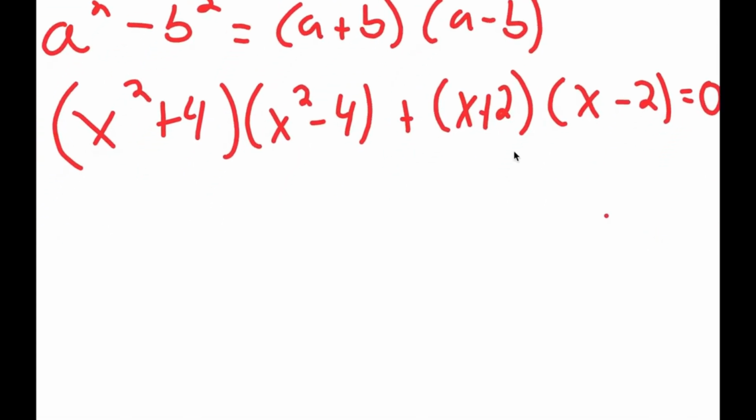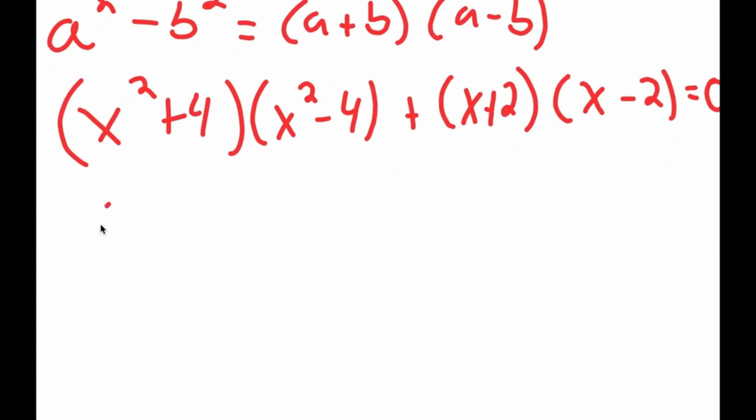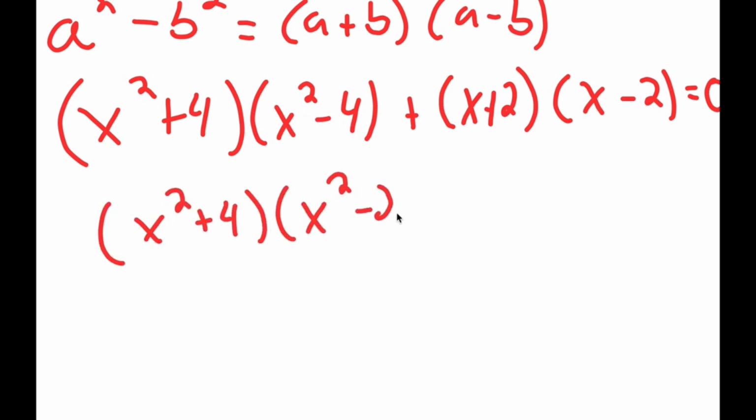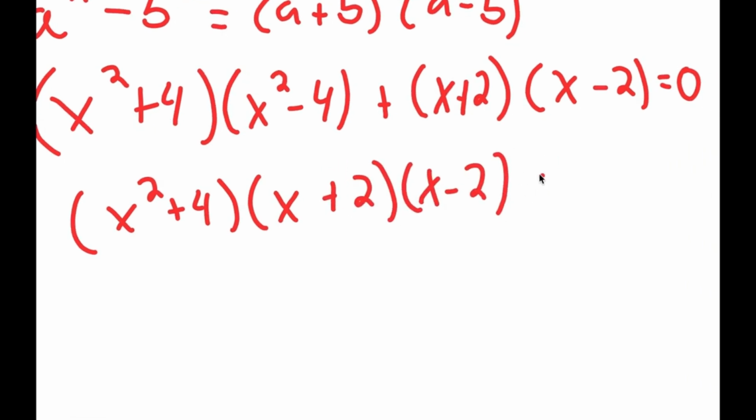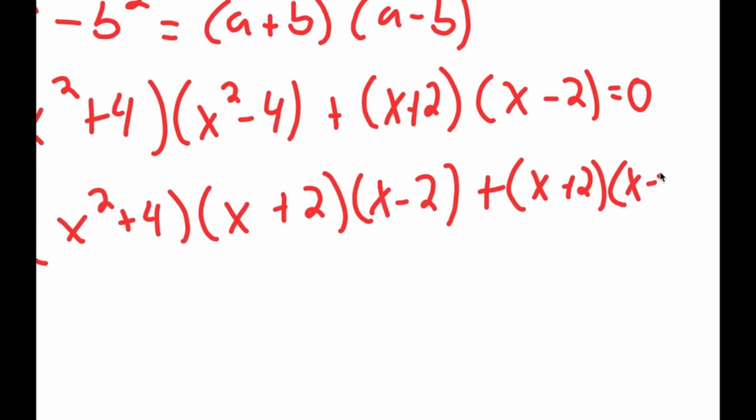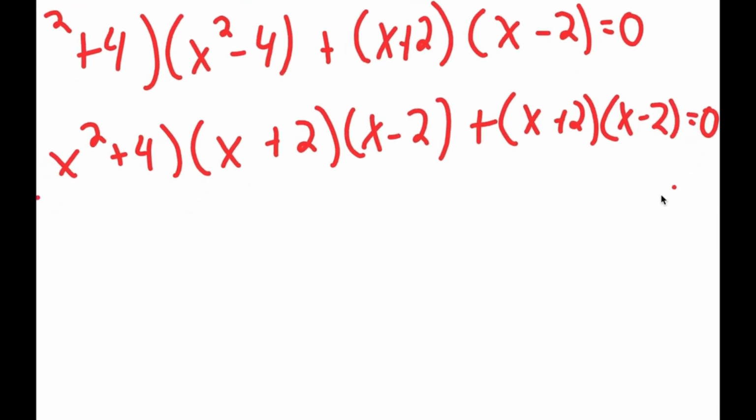Now we can use this property again on x squared minus 4, by rewriting as x squared minus 2 squared. So that's going to equal x plus 2 times x minus 2. And I have this plus x plus 2 times x minus 2 is equal to 0.